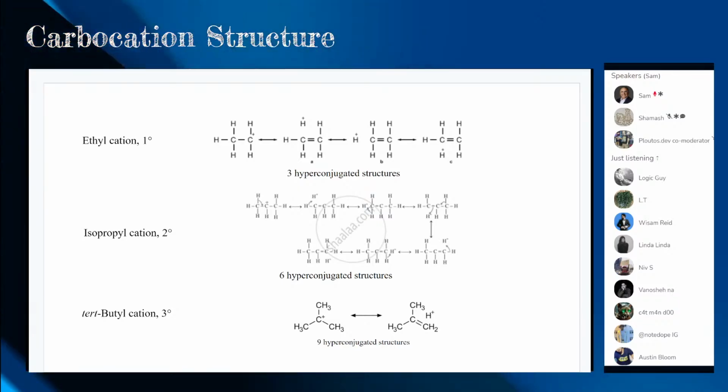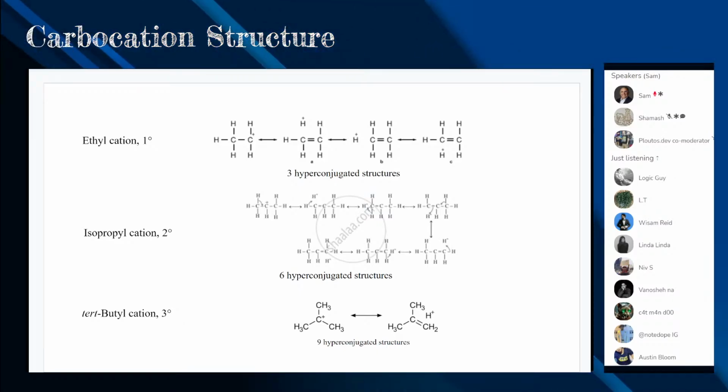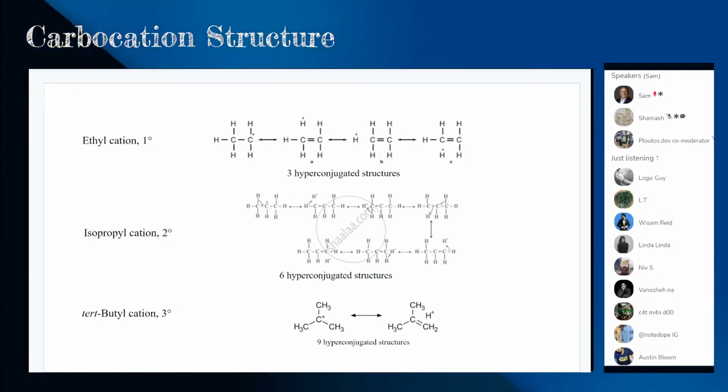In the isopropyl cation, which is secondary, the central carbon is carrying a positive charge, and that central carbon is attached to two other carbons. Now I can draw six hyperconjugated structures, three for each methyl group. So in ethyl cation, I only have one methyl group, so I have three.